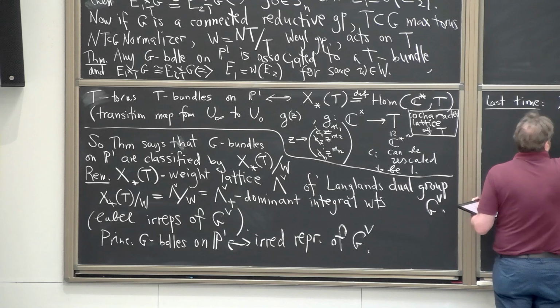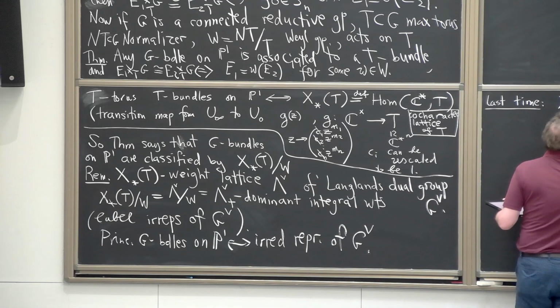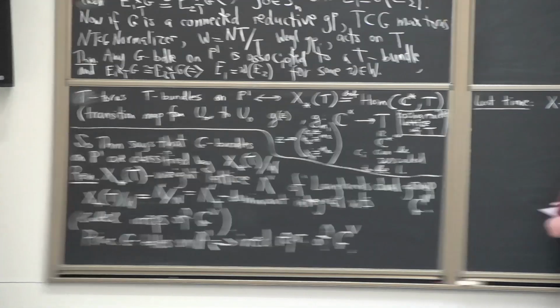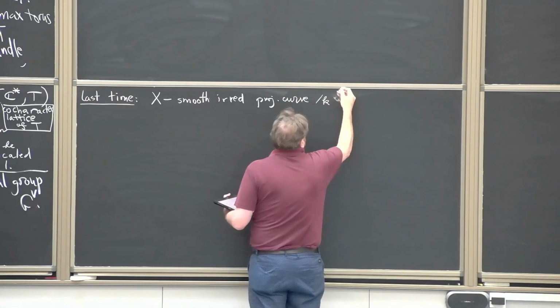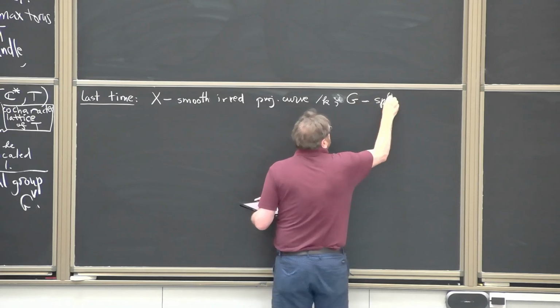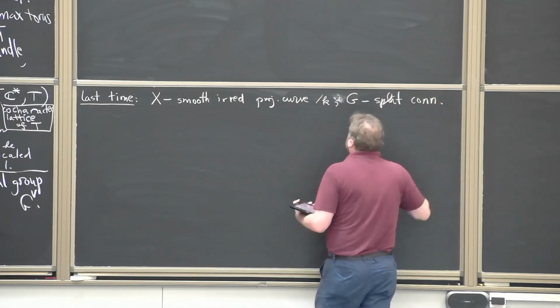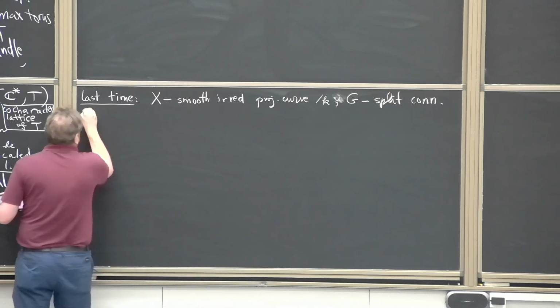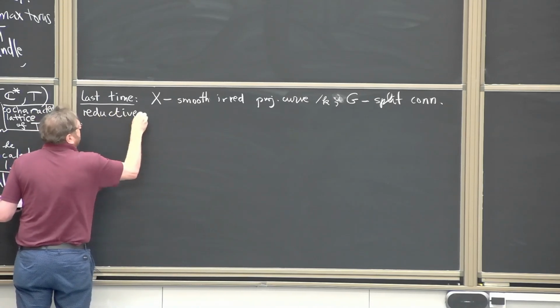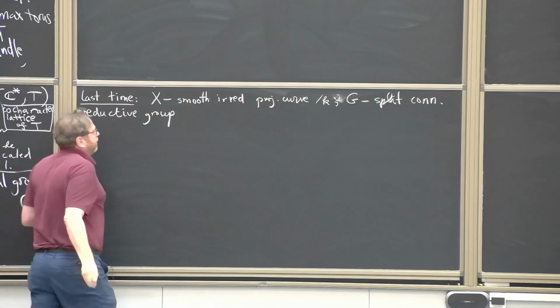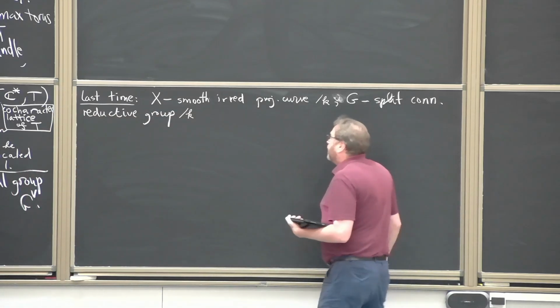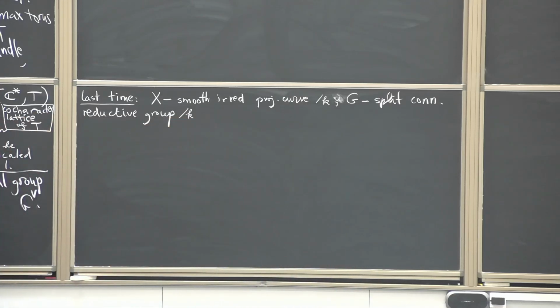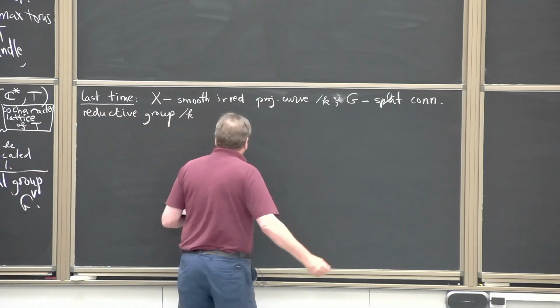So X was a smooth irreducible projective curve over some field K, and G is a split connected reductive group over K. So in this case, we don't have to assume that K is algebraically closed, but split groups are the same. They are labeled by the same data, namely root system and the weight lattice, and co-root system and dual weight lattice.